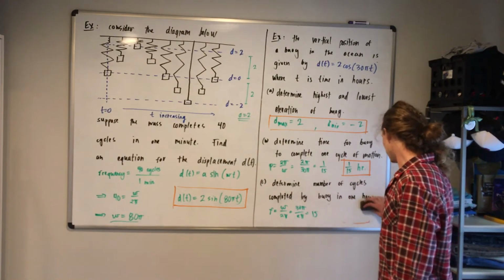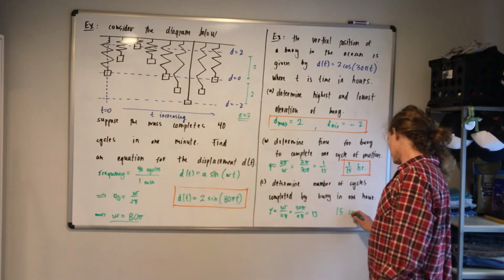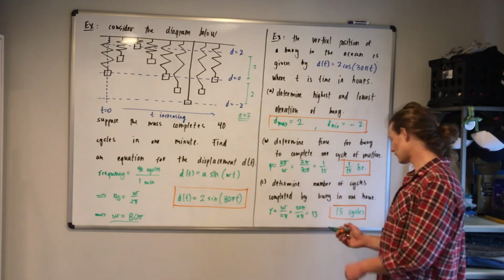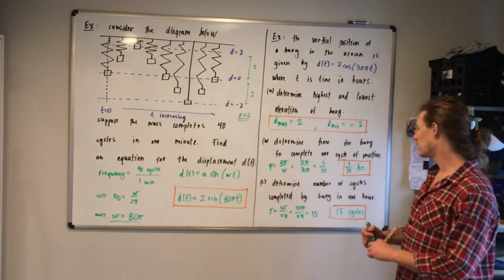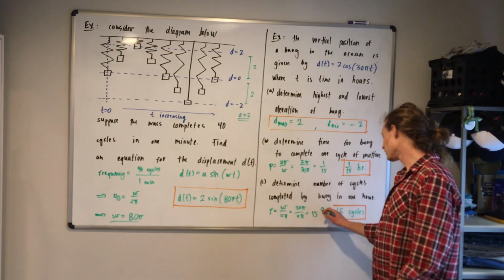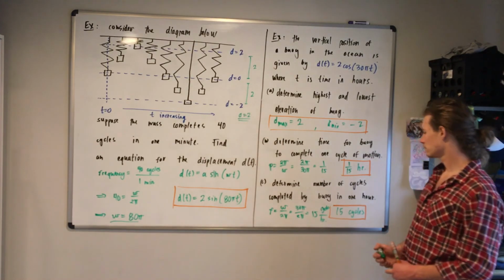In 1 hour, 15 cycles are completed. And again, note that's because our frequency is 15 cycles per hour. There we go.